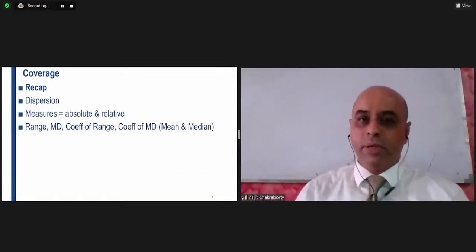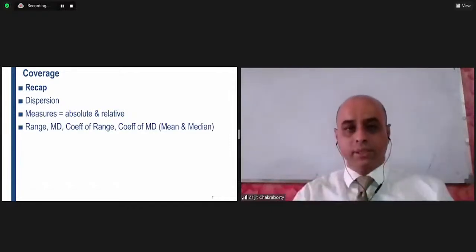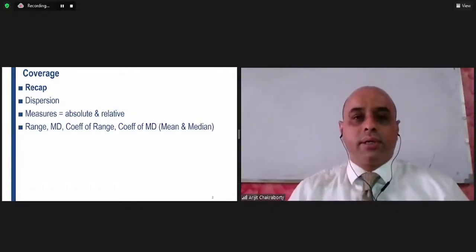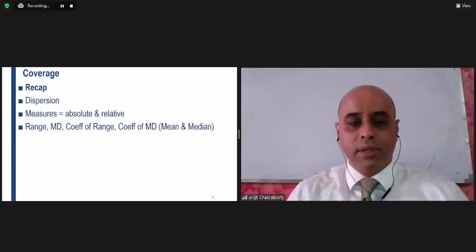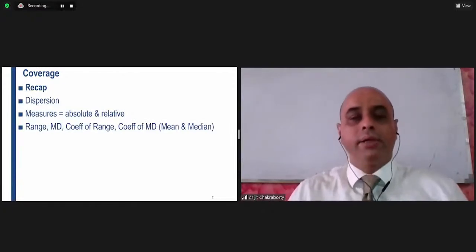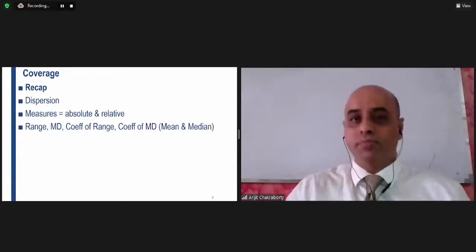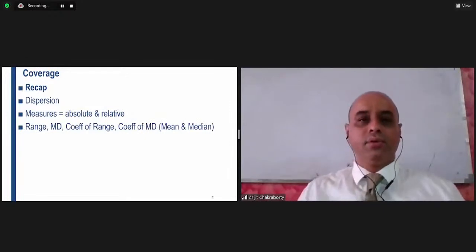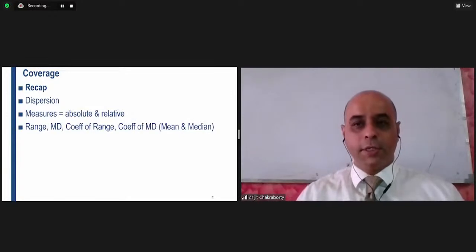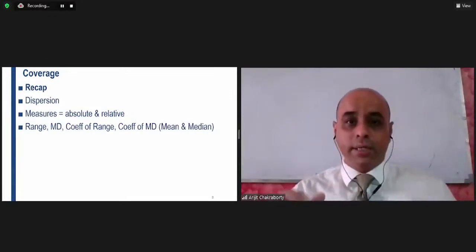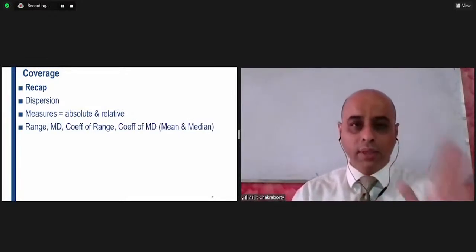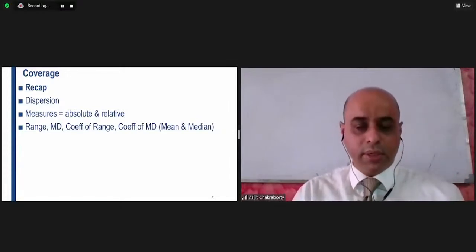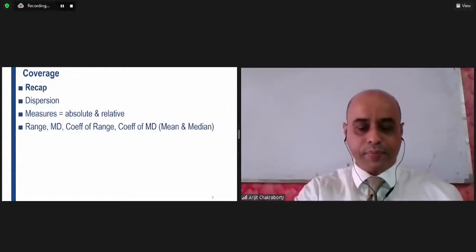We also computed the coefficient of mean deviation from the mean and from the median, because mean and median both are measures of central tendency.